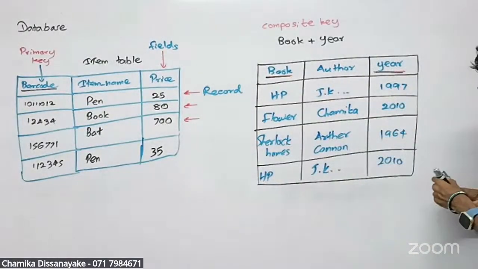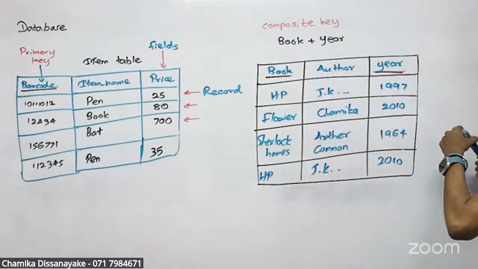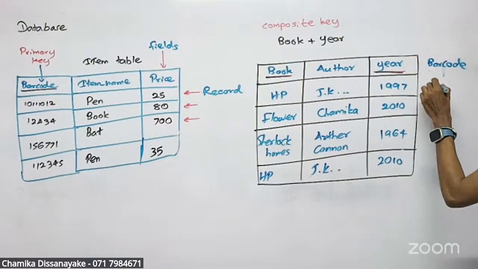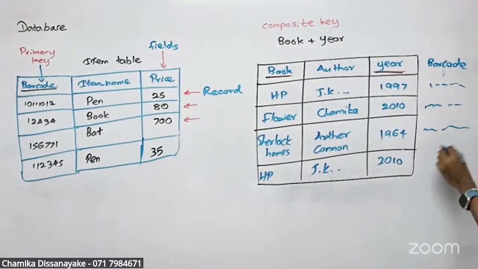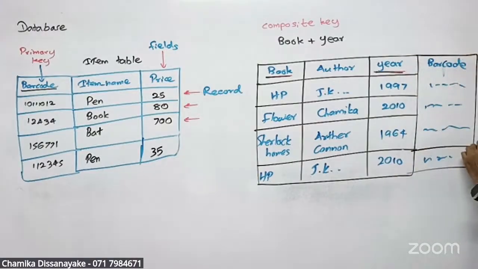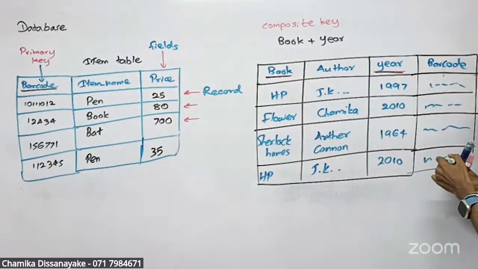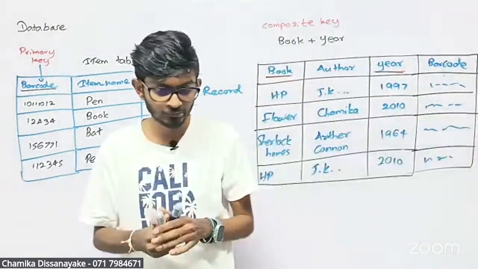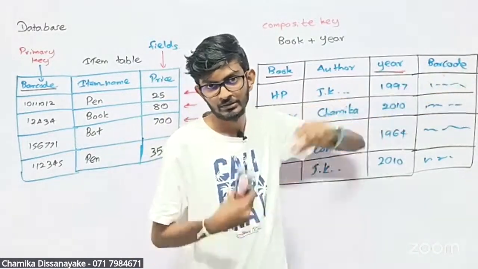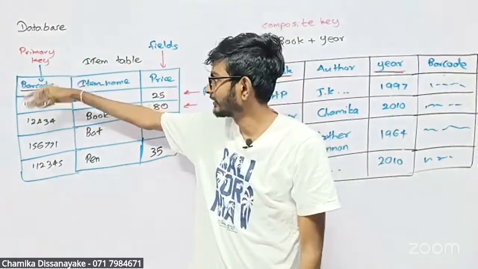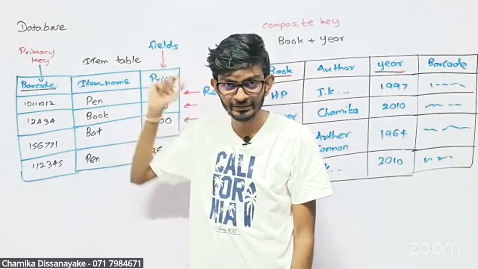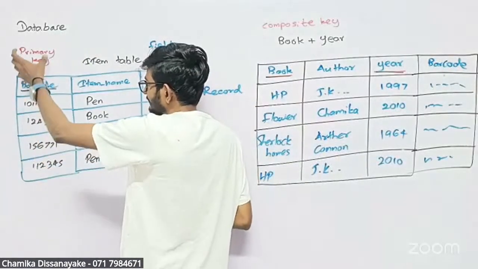Foreign key is very easy. If we have a field that includes a primary key of another table. Let's explain again. We have a primary key here. The primary key is the barcode.